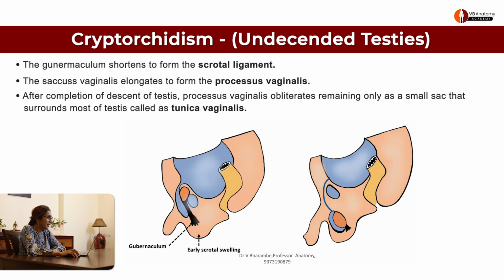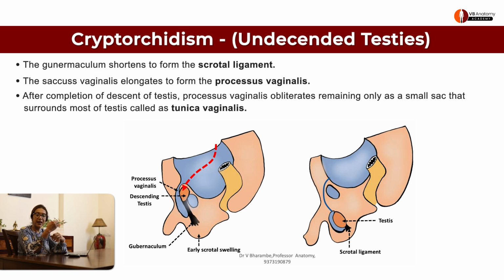With time, what will happen? The Gubernaculum will shorten to form the scrotal ligament. The testes will descend down and come to lie inside the scrotum, anchored down by the scrotal ligament. The saccus will increase in length to form the processus vaginalis, which at one point will disappear, leaving a little sac surrounding the testes called the tunica vaginalis.